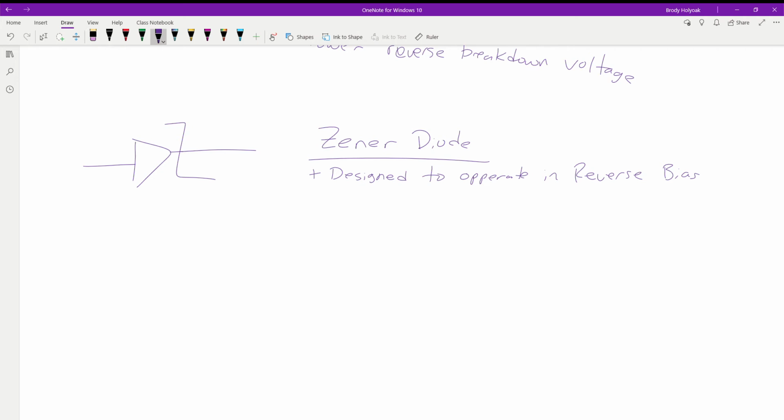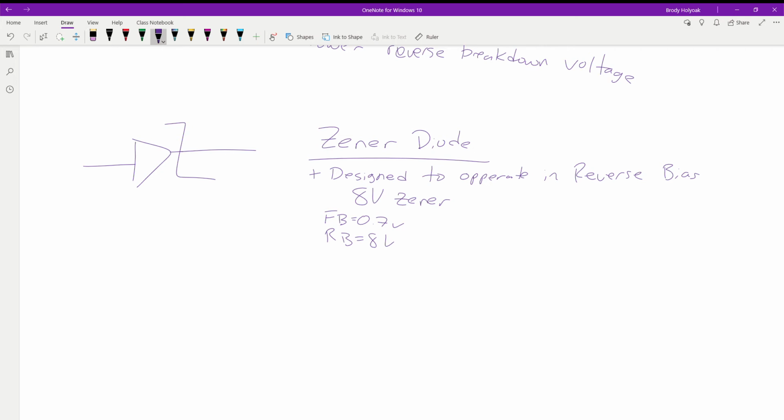Well, the cool thing with Zener diodes is they're specifically designed to operate at a range in reverse bias. So if you have an 8-volt Zener, that means in forward bias, it's going to drop 0.7 volts, but in reverse bias, it's going to drop 8 volts. Yep, they just put it in backwards.